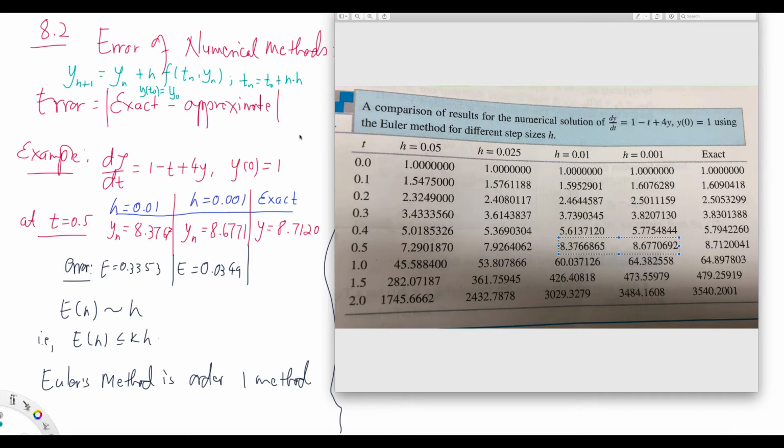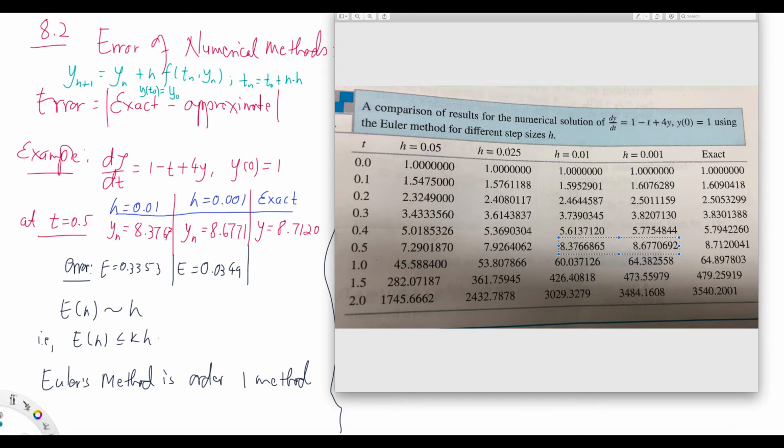Whenever t equals these values, you are finding the value of the solution at different time points. Look at this: when h is 0.05, when the step size is 0.05, these are the values you get.